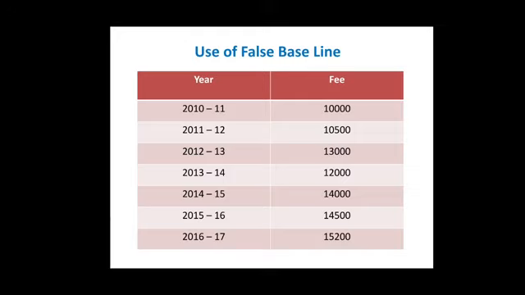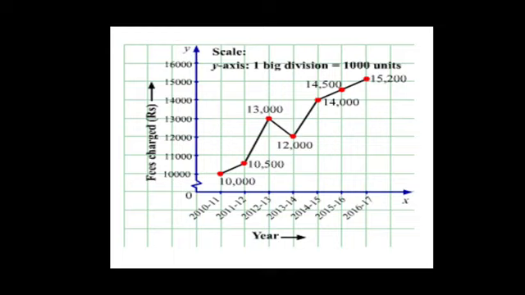Students, presentation of this data involves the construction of a false baseline because the difference between the minimum fee charged and zero, that is the point of origin, is very high. Or we can say that the arithmetic figures regarding the fee charged start with a high value like rupees 10,000. This data is presented in a graph as shown in this slide with a false baseline.